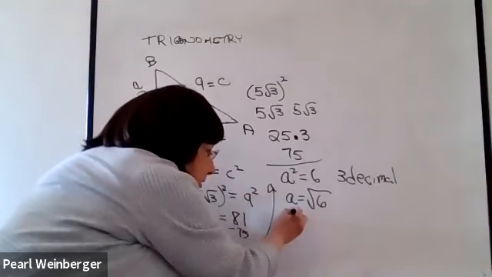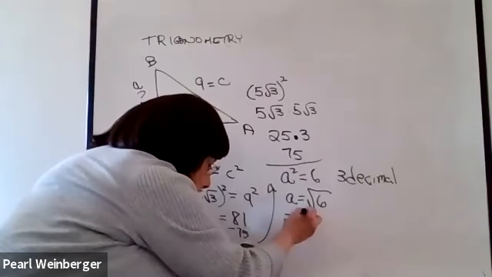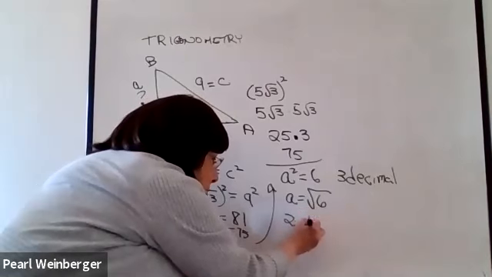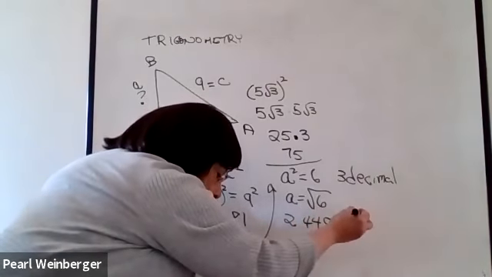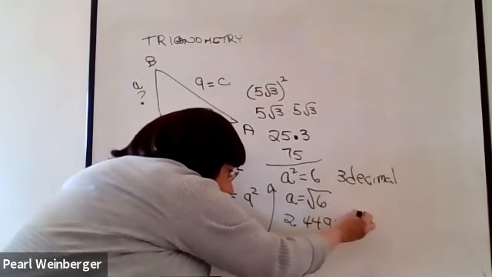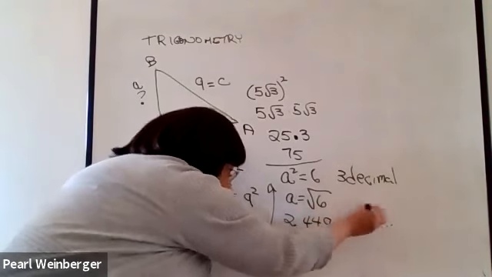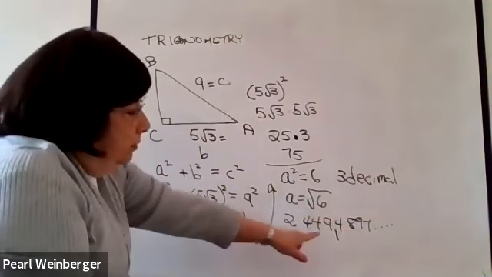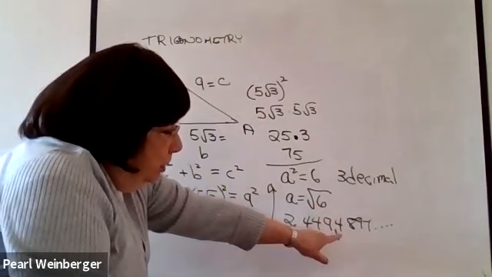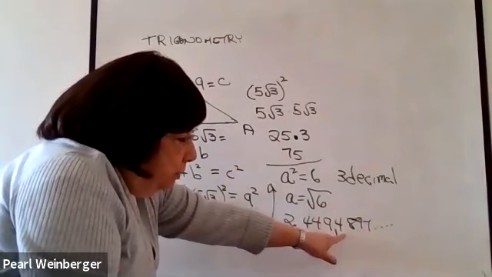And what I get is 2.4494897, etc., etc. They wanted me to go to 3 decimal places, so they want me to stop right over here. Remember, I always look at the next place.